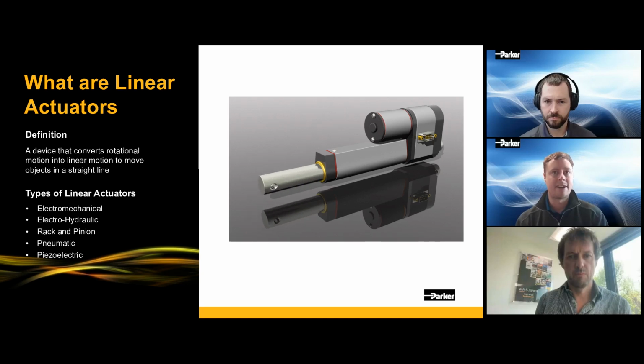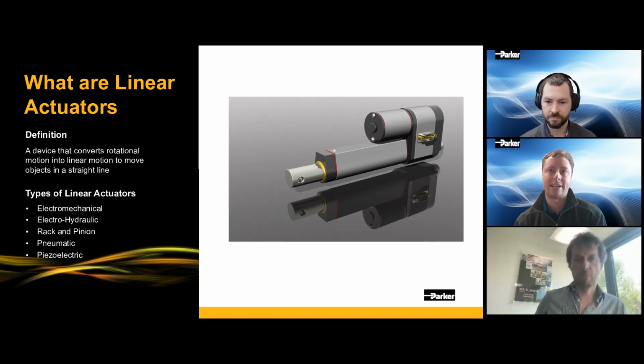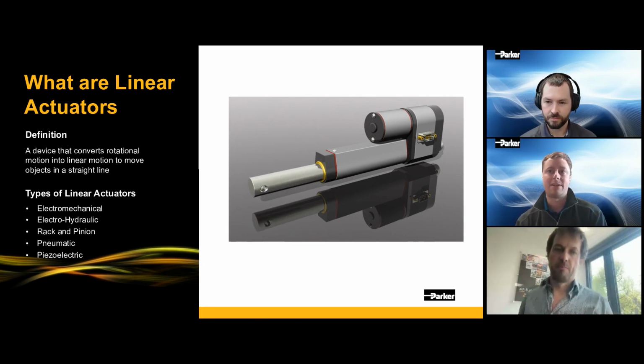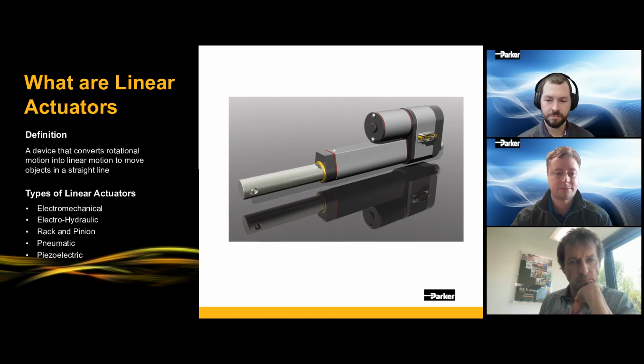Piezoelectric, a bit rare, works by way of an electric voltage applied to a piezoelectric material. Piezo comes from Greek, which means squeeze, and the material undergoes a change to its shape or size, and this deformation can be harnessed to create motion. The animation on the screen gives a quick visual example of a linear actuator in practice.